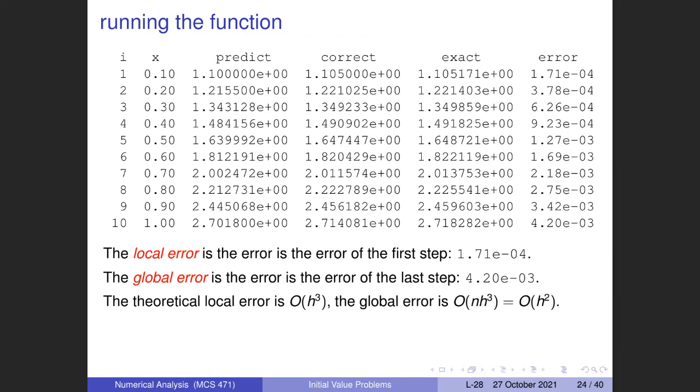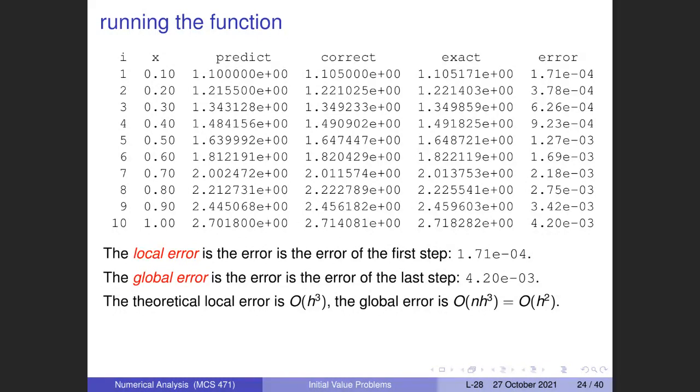So we have the predictor and the corrector, and here we do 10 steps. We see that the predictor already has 2 decimal places. So you can see again the local error and the global error.